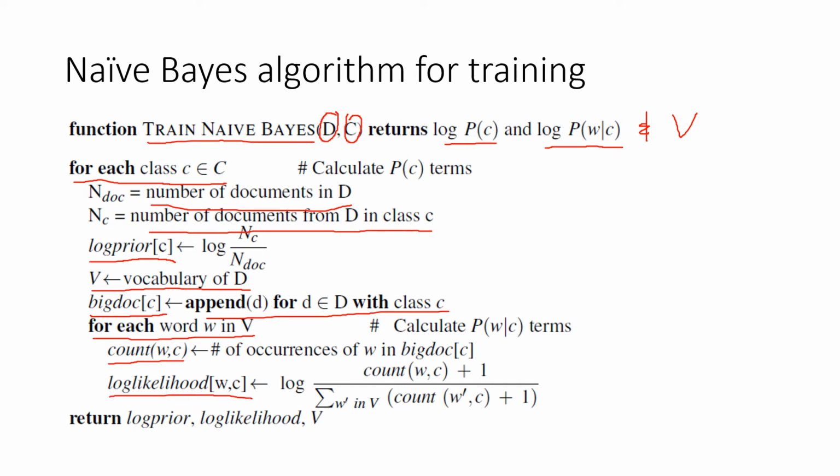So in the end, we will obtain our goal, which is to find the log prior, the log likelihood, and our set V of words.